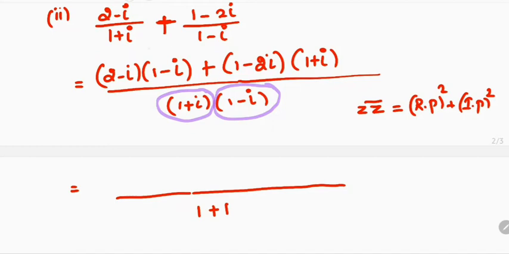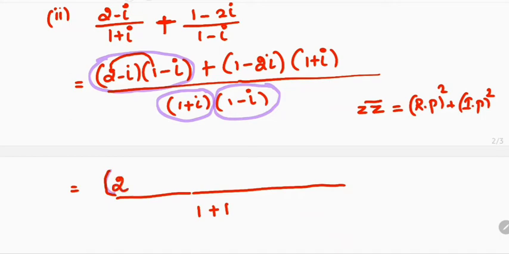On the numerator, you look at the first term. It's a product of two complex numbers. Ordinarily you can multiply those two numbers and then separate the real part and the imaginary part. I am going to do the real part first. You have to multiply both the real parts: 2 into 1, you will get 2.